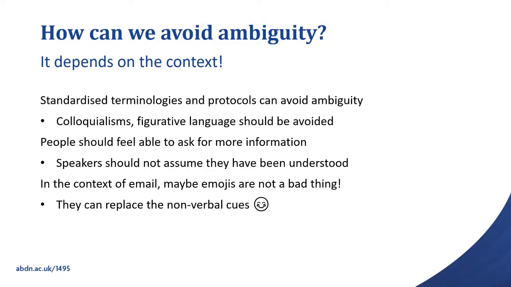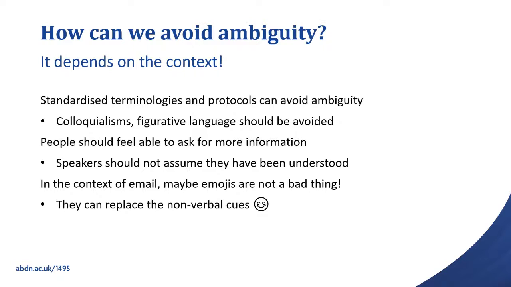It's also really important that people should feel able to ask for more information. And this becomes really important when you have work where there's quite a hierarchical structure. So an example might be in the medical setting, if you have a consultant talking to a junior doctor and the junior doctor doesn't quite understand the consultant's meaning, the junior doctor needs to feel that they are in an environment where they can ask for more information.